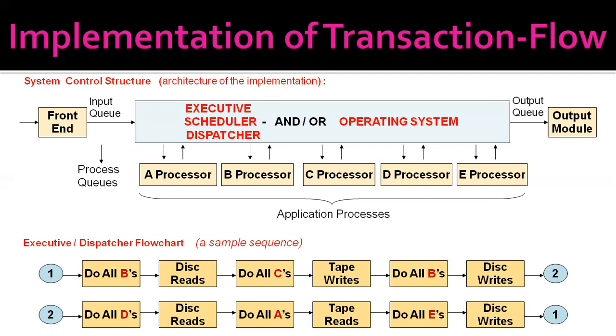Based on the output of C, the transaction control flow can roll back to processor B, or go in a forward direction to processor D, because after C the next in sequence is D. Now let us see the next transaction flow graph, which is the flow graph for multiple transactions.